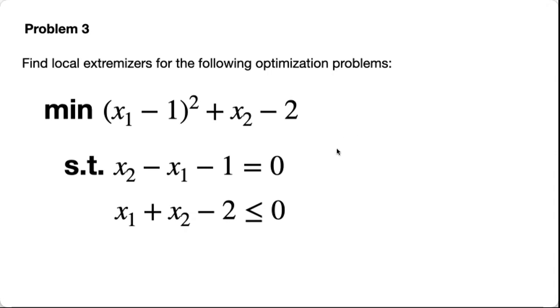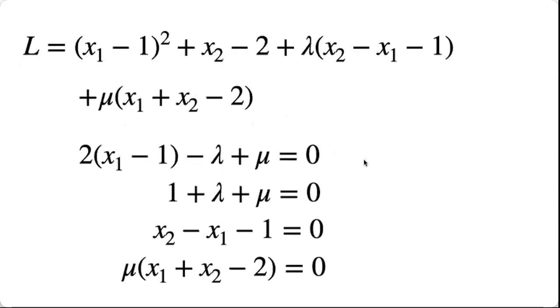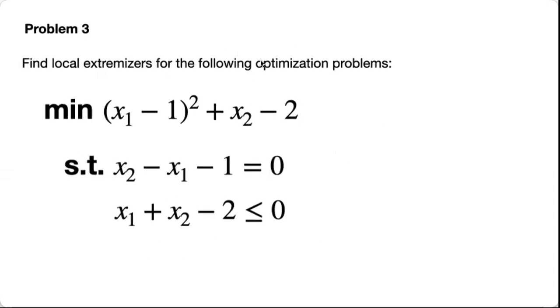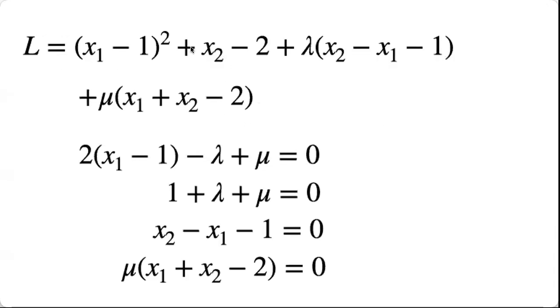But the concept is very similar, because the fundamental of KKT is to use the Lagrange multiplier method. So we set up the Lagrange function first, which is a summation of the objective function, the square of x1 minus 1 plus x2 minus 2, right?